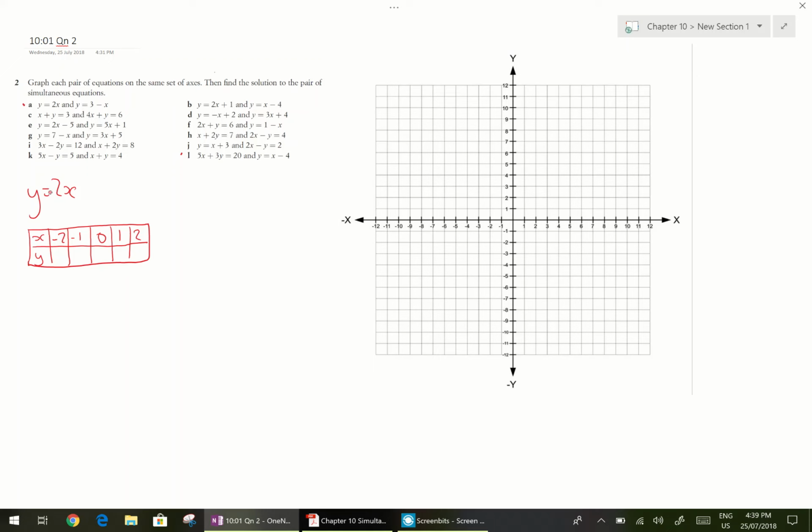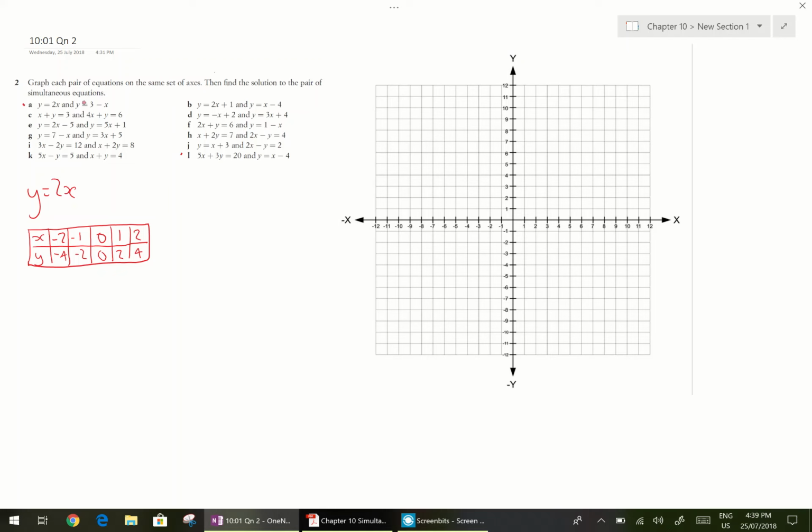Well, y will equal 2 times x. X is -2. So 2 times -2, that's -4. 2 times -1, that's -2. And what you'll find is they are linear equations. And a linear equation means you will always see a pattern from each of your points. You can see it's going up by 2.